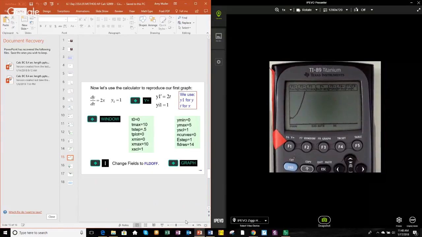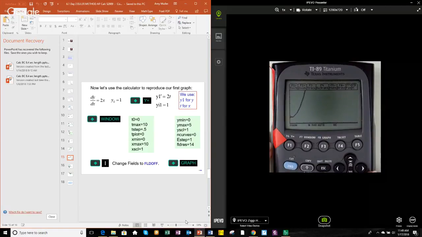Okay, and what's really, really cool about this is that we can now go to diamond table set, and I'm going to start my table at 0. And what was delta x? Delta x was 0.5. So I'm going to go 0.5 here.